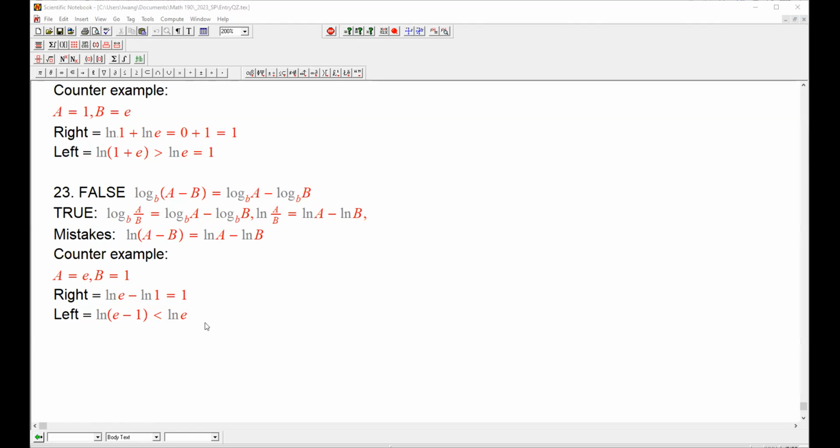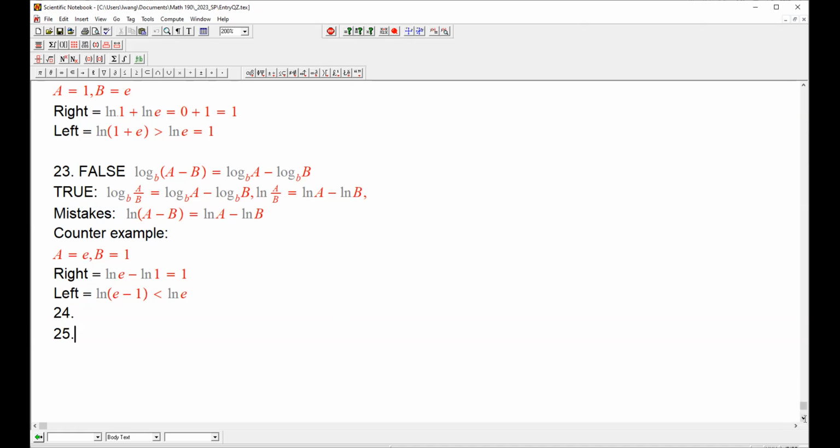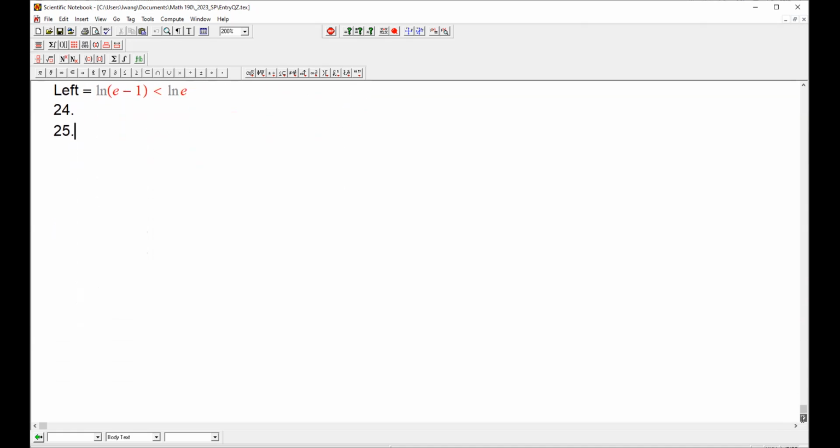The last two, 24 and 25. One is more general, one is more special. There are other forms, and we already saw this mistake being played out.